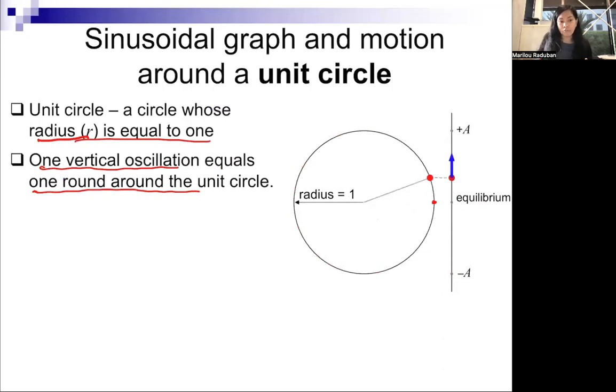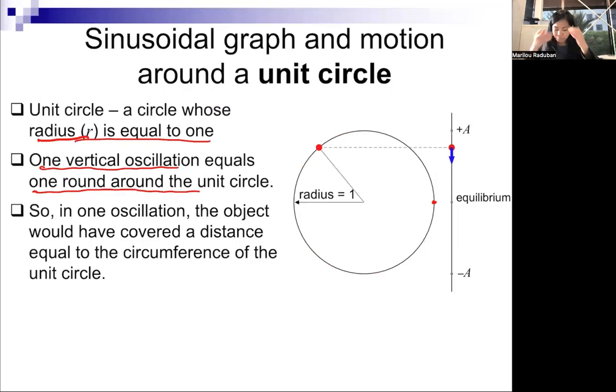So if we relate one vertical oscillation to the motion of the object around a circle, then we can say that in one oscillation, the object would have covered a distance that's equal to the circumference of the circle, right? Notice here in the animation, one up and down oscillation is equivalent to the object going around the circle.